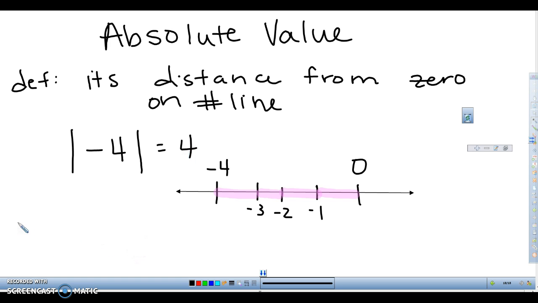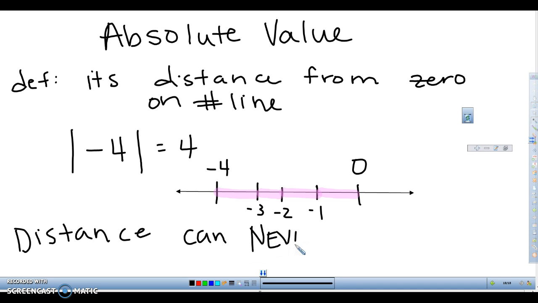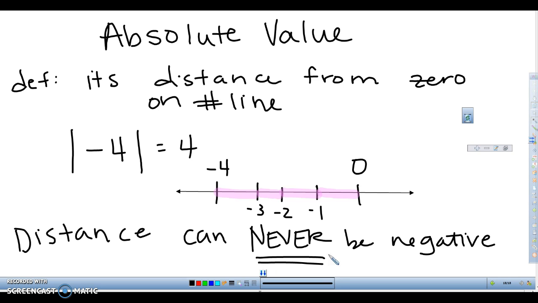And this is important. The distance can never be negative. If you've ever seen Ferris Bueller's Day Off, he takes his dad's car out and puts a ton of miles on it, but then he knows he's going to get in trouble, so he puts it in the garage and puts it on reverse and puts the brick on the gas pedal, hoping once it's in reverse, it'll take the mileage off.